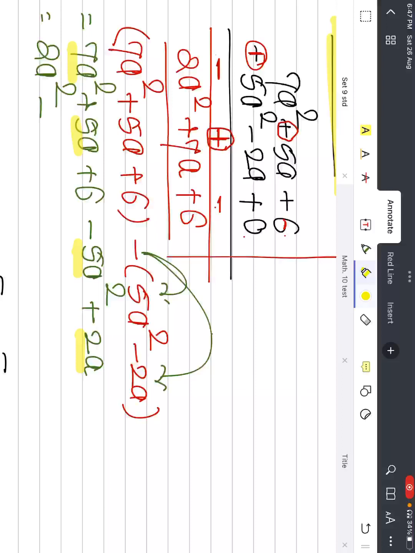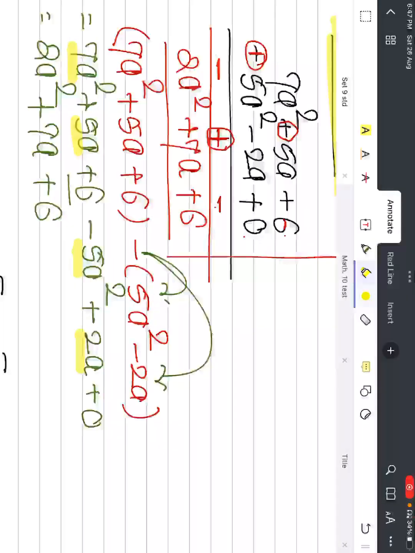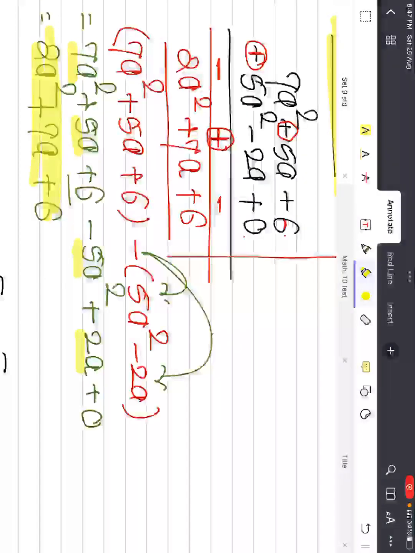These two like terms will add with each other. So plus 5 plus 2, that is 7a. Constant is 6, and here the constant is 0. So 6 plus 0, 6. So likewise, you will get the answer 2a square plus 7a plus 6.